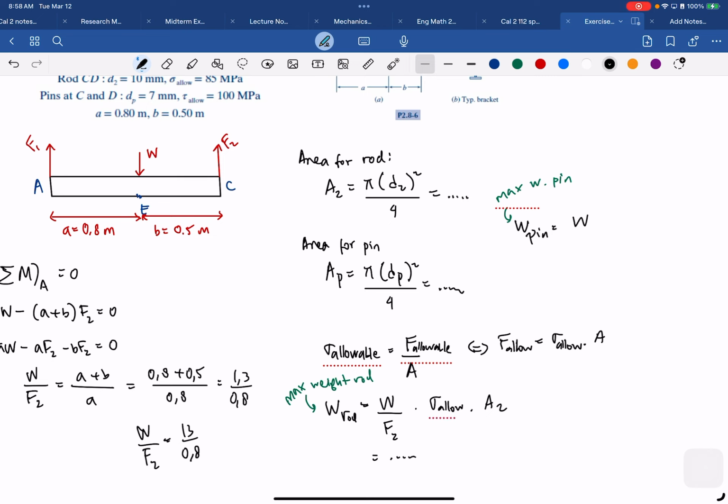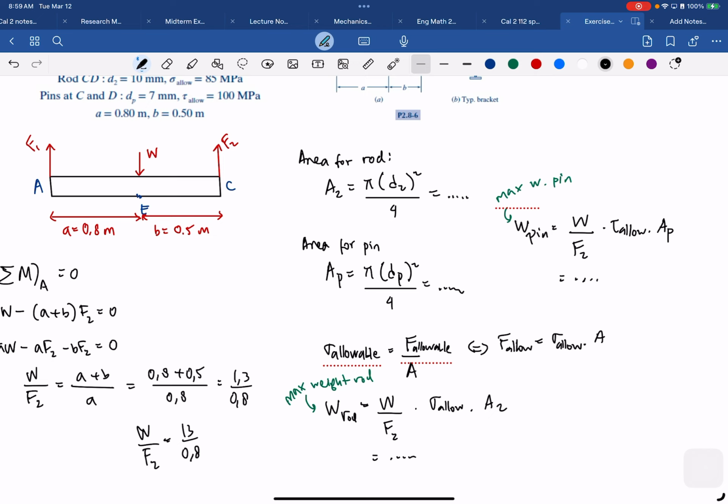Same thing, we have the ratio, calculate with the tau allowable, multiply with the area for pin, and then you get the number here. Okay.